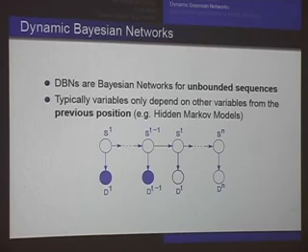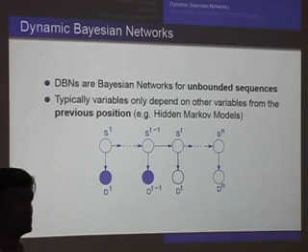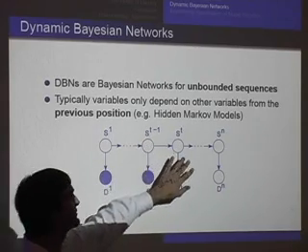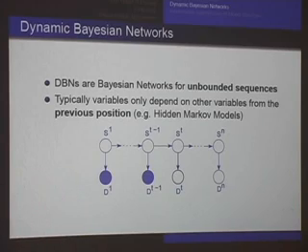Okay, so dynamic Bayesian networks for dealing with unbounded sequences. The typical example of a dynamic Bayesian network is a hidden Markov model, where you have the Markov assumption: every state is dependent only on its previous state or some bounded window of previous states.